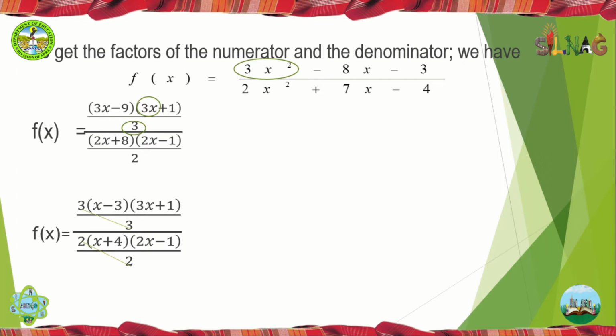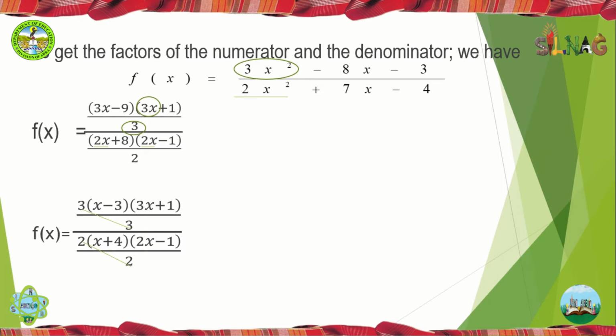Then at the denominator, the first terms of the binomial factors are both 2x, because the first term of the denominator is 2x squared, and then over 2, because the numerical coefficient of 2x squared is 2. And then next, we have to get the binomial factors.